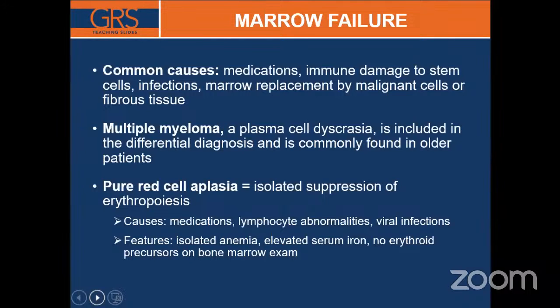Also, we have pure red cell aplasia, which is isolated suppression of erythrocytes. The causes are similar to marrow failure, which include medication, lymphocyte abnormalities, and viral infection, most commonly parvovirus B19. Features include an isolated anemia, an elevated serum iron, and no erythroid precursors on bone marrow examination because it's an isolated red cell aplasia. Next slide.